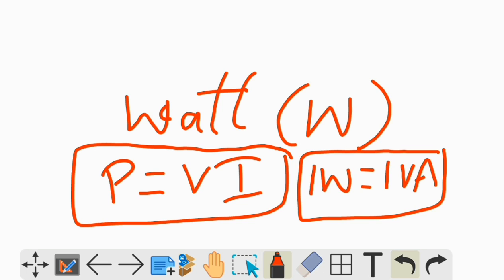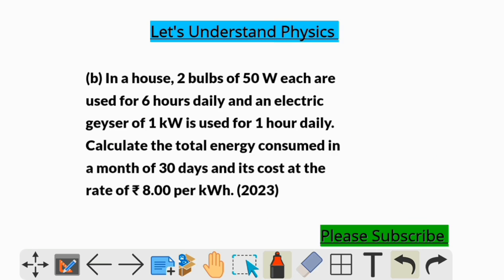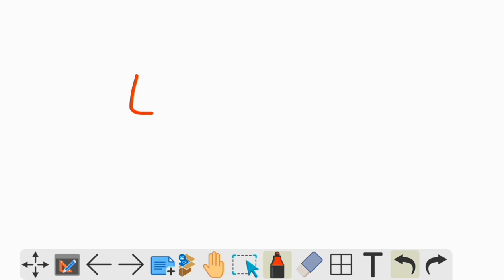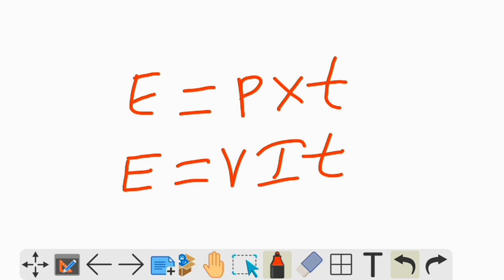Then from this formula, energy is equal to power into time. You can say energy equal to power into time. Then energy is equal to voltage into current into time. You can write VIT. So here time is in seconds.